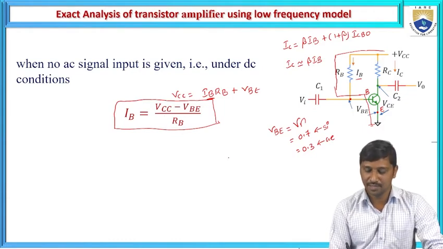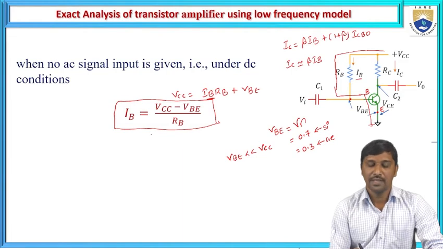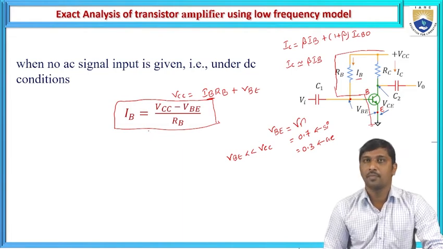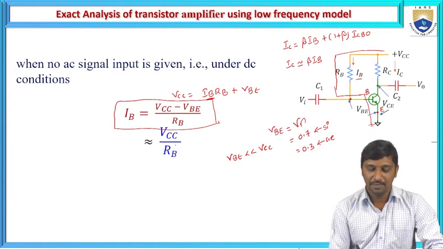Let us assume VBE is much less than VCC. So what happens here? IB is approximately equal to VCC by RB. So we are making this base current a constant, where VCC is a constant and the base resistance is a constant. It makes the base current also constant.